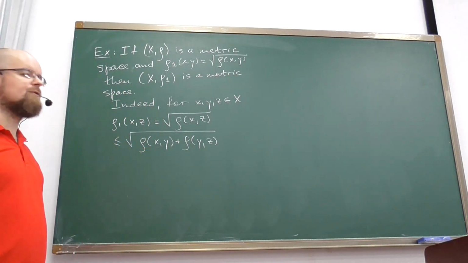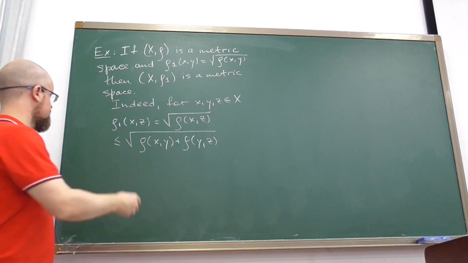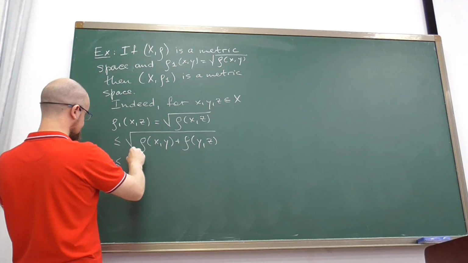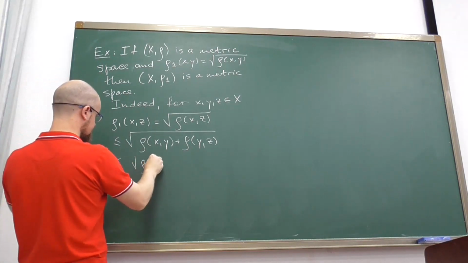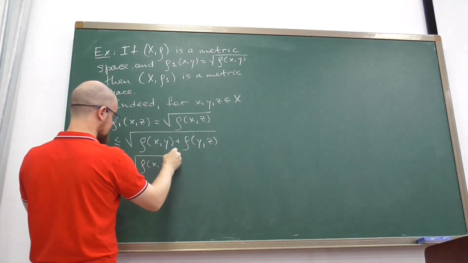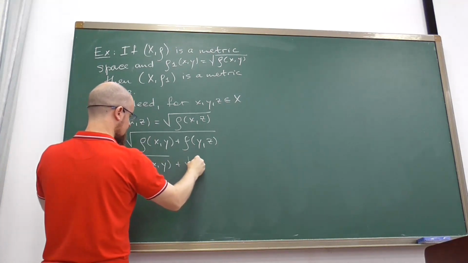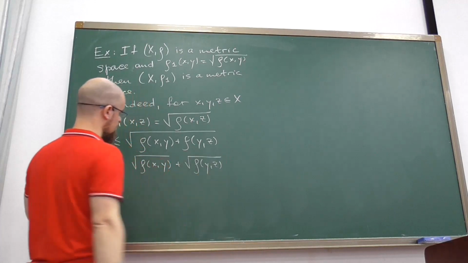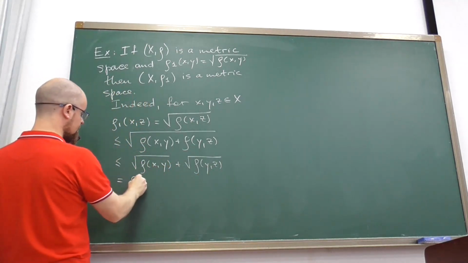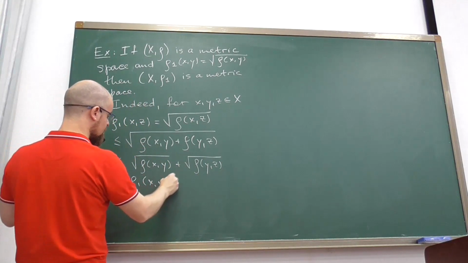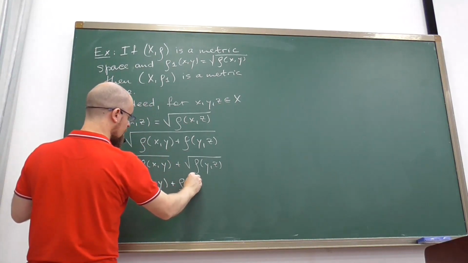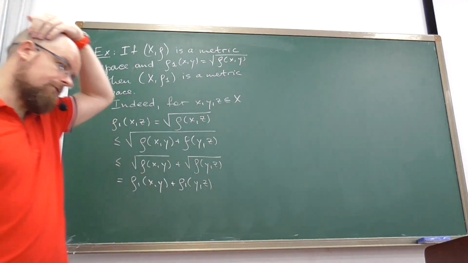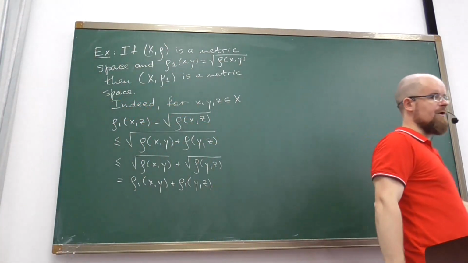And now we can use the property of the square root, which is nothing but rho 1 of xy plus rho 1 of yz. So it is in fact a metric.